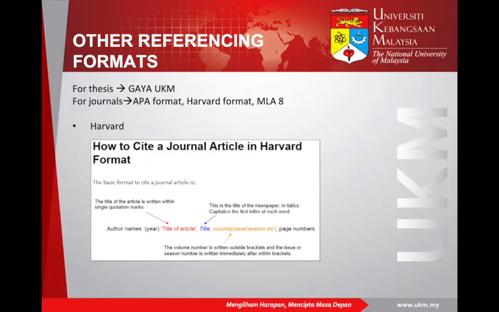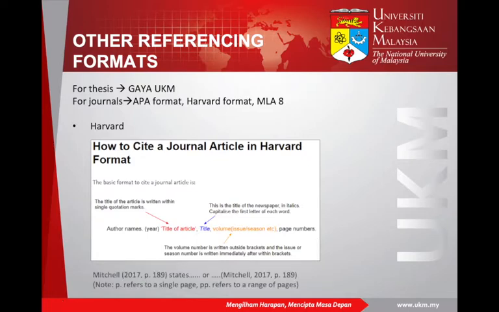This is the title of the publication journal in italics. You have to capitalize the first letter of each word, comma, volume. The volume number is written outside brackets, and the issue number is written immediately after within brackets, comma, page numbers.